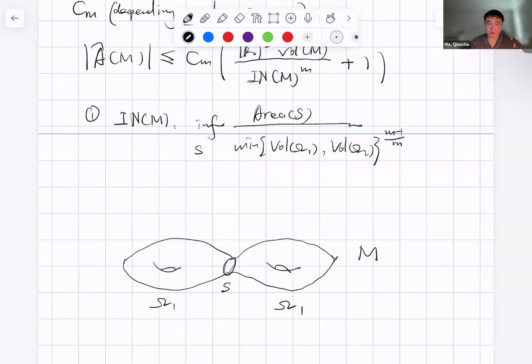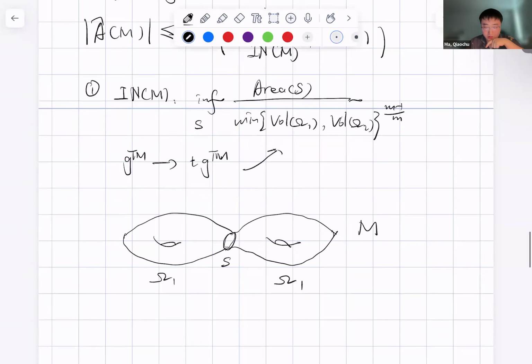With the power, with this normalized power, this isoperimetric constant is independent of scaling. So if we make this change, multiply by a constant t, this isoperimetric constant is not changed.